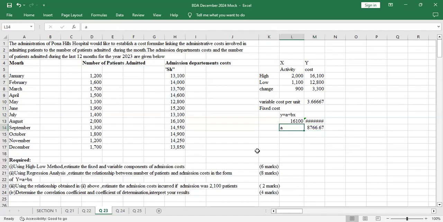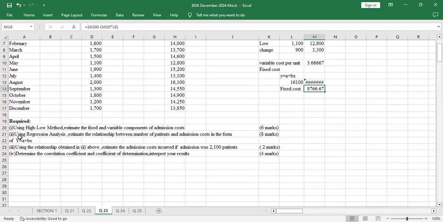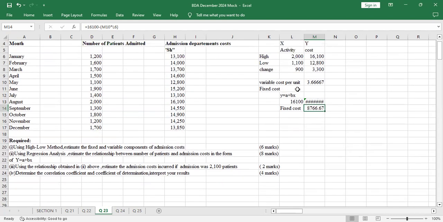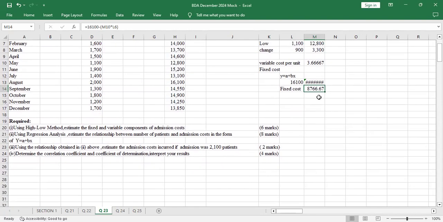So I'll replace that and say the fixed cost now will be 8766.67. By that we have just answered Roman 1: the fixed cost was 8766.67, while the variable cost per unit was 3.6667.